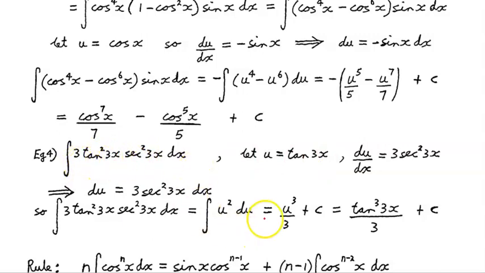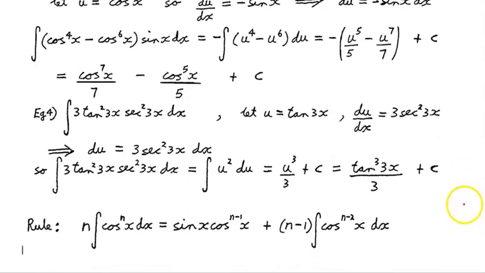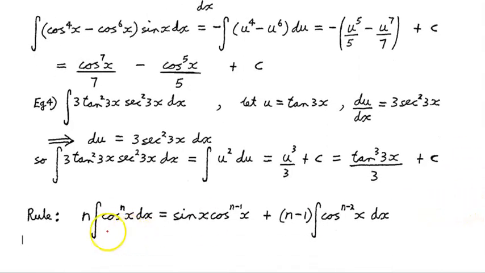The rest is du. That's a very simple thing to integrate now. To anti-differentiate becomes u to the power of 3 on 3 plus a constant of integration, and replacing that with tan cubed 3x on 3 plus c. Okay, that bit there.